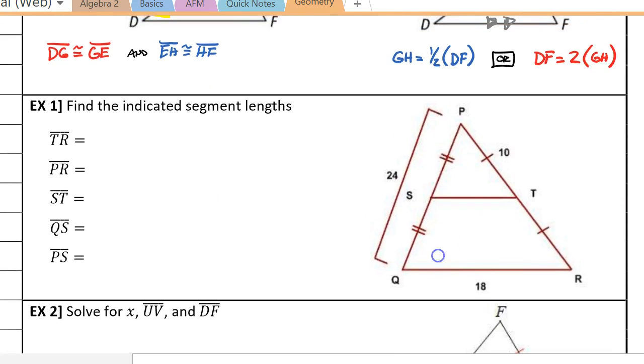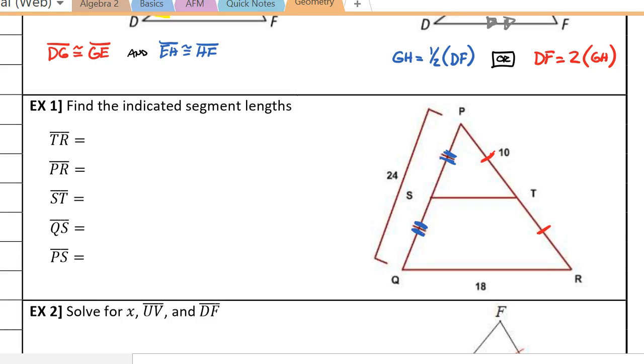So here we go. Example number 1, find the indicated segment lengths. Okay, so what we see here is that PT is congruent to TR, and we see that PS, with the 2 tick marks, is congruent to SQ, which has the 2 tick marks.